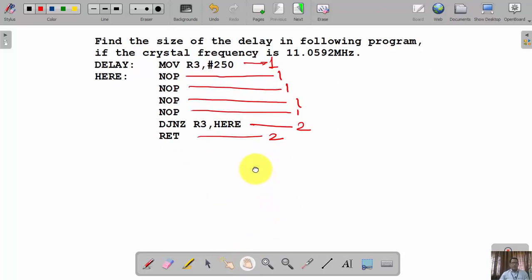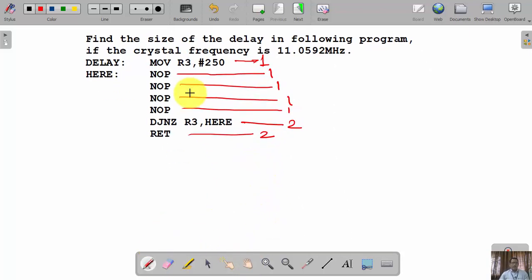Okay. Now let us go with this delay calculation, right? As per the formula, the 250 is here the count. So I am going to put count multiplied by the number of machine cycles in the loop. So this specific loop is executed repeatedly. Which are my instructions? NOP up to DJNZ.